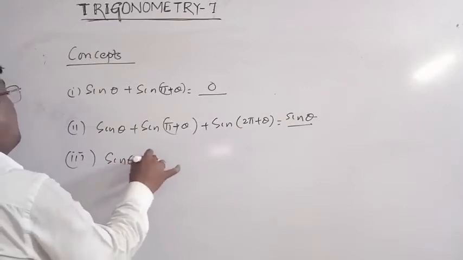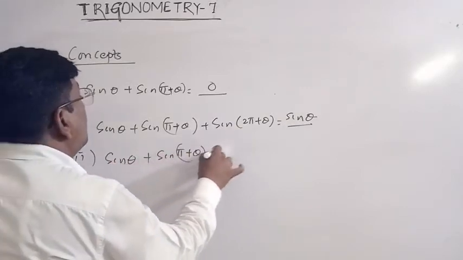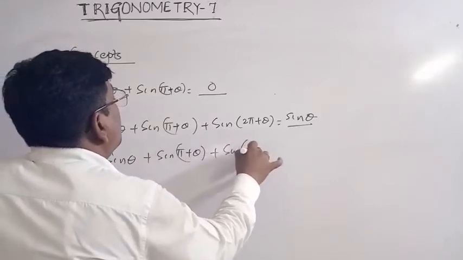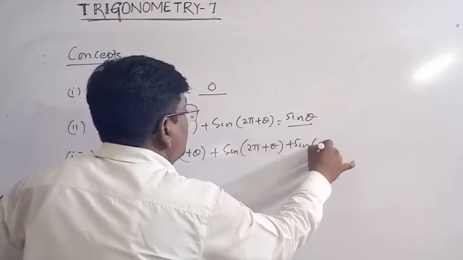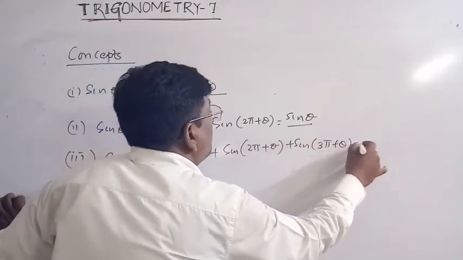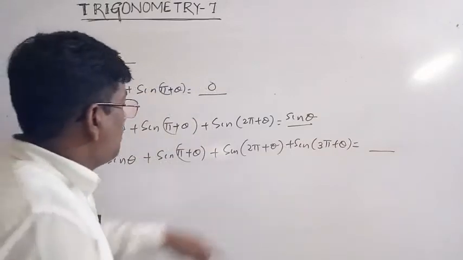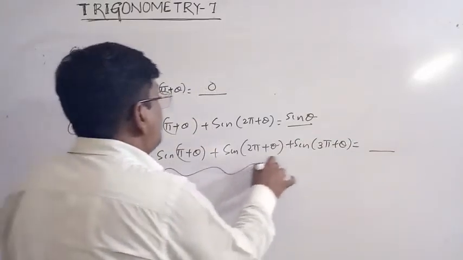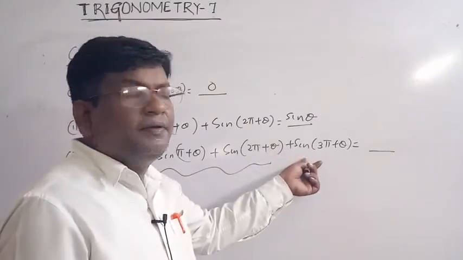Okay, and sin theta plus sin pi plus theta plus sin 2 pi plus theta plus sin 3 pi plus theta is equal to dash. Up to here this is sin theta, and this is sin 3 pi plus theta, minus sin theta.